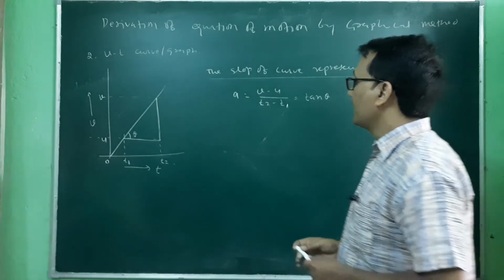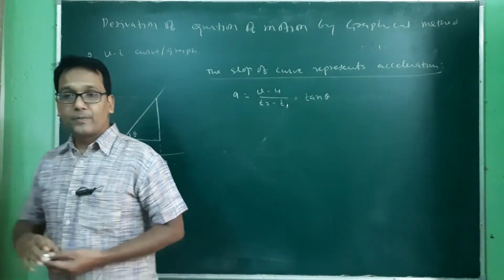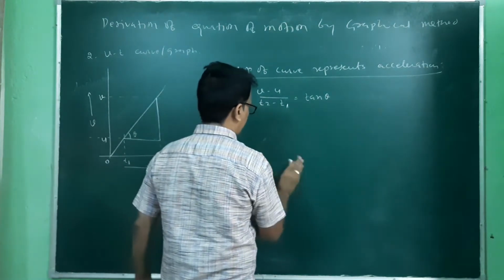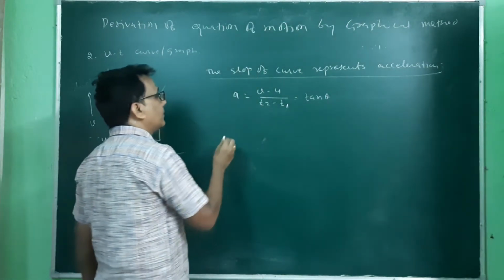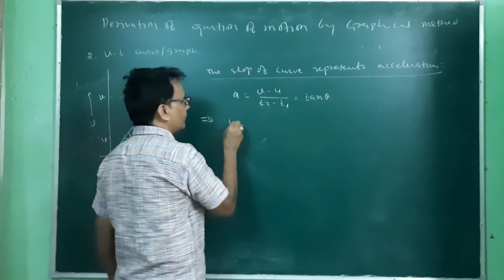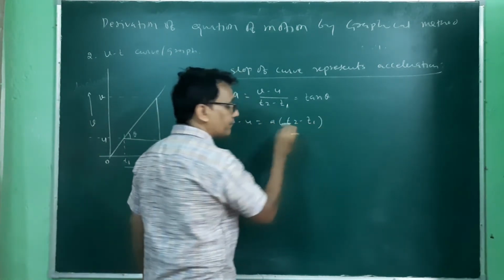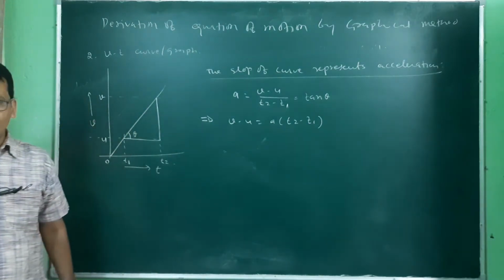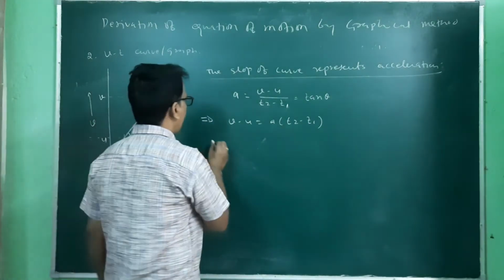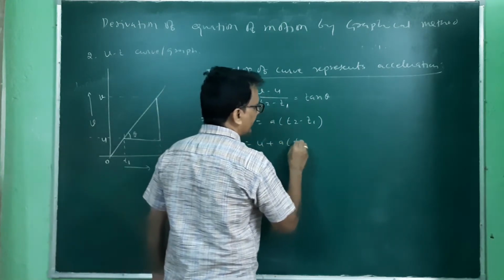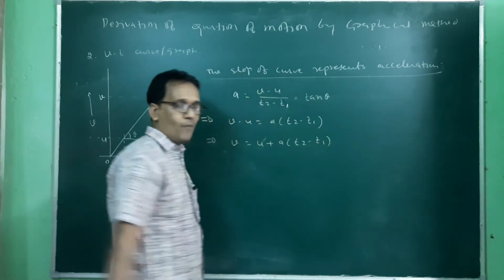So the slope of this vt curve represents acceleration, and one can write v minus u is equal to a times t2 minus t1, or v is equal to u plus a times t2 minus t1.